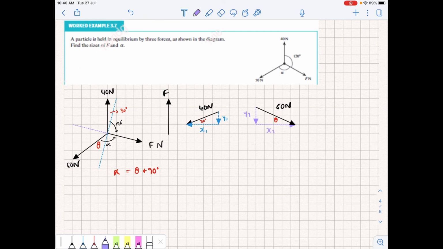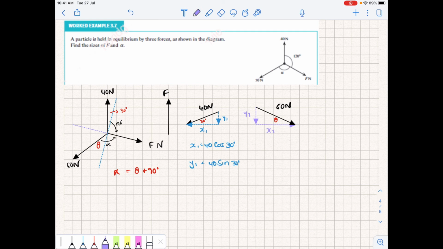Now we need to split our forces up into their components. So I'm going to find the horizontal force for the 40 newtons, and that's going to be 40. It's the adjacent side, so it's going to be 40 cos 30 degrees. And similarly, the vertical component will be the opposite side, so it's going to be 40 sin 30 degrees.